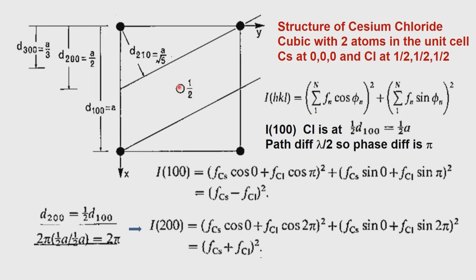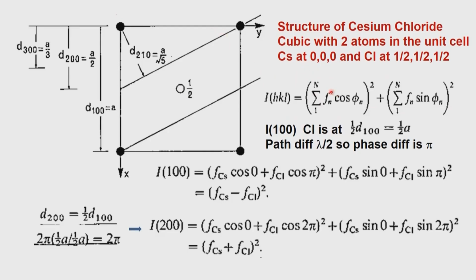So, we want to see what are the contributions these two atoms give to the individual reflections, because what we get from the diffraction experiment is the individual reflection that is associated with your HKL planes. So, how do we get that? So, we write the intensity of HKL. This is a very general expression for any intensity of HKL. We can write this expression.